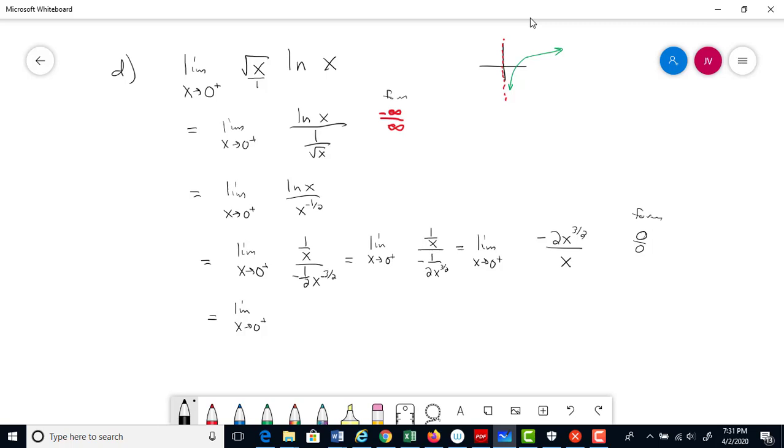The derivative of the top is 3 halves times minus 2, so the 2's cancel. This is minus 3x to the 1/2. The derivative of the bottom is 1, so I knew we were done after this. So this is equal to the limit as x approaches 0 from the positive side of minus 3 root x. When I plug in 0, minus 3 root 0 is equal to 0. So we're done.